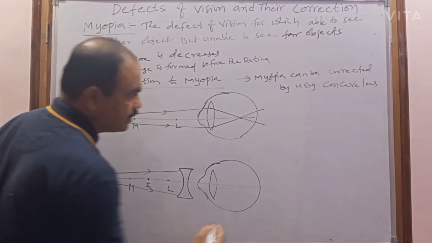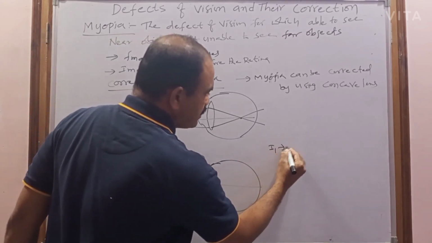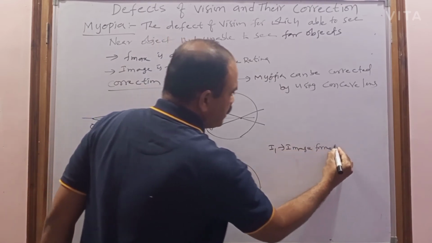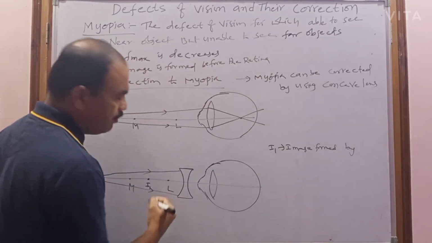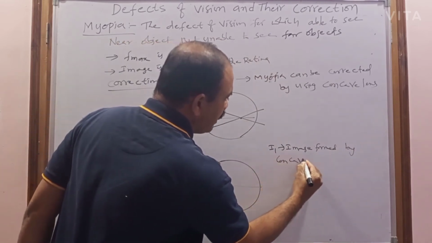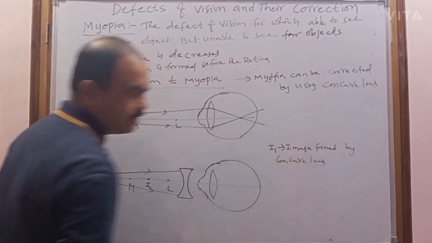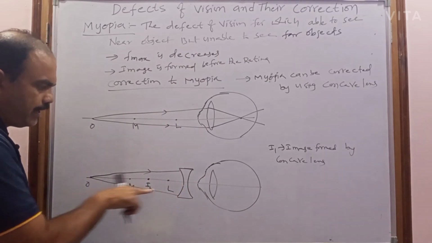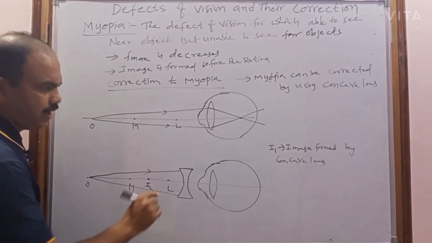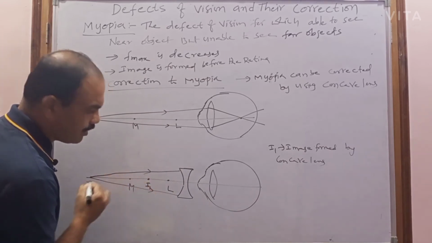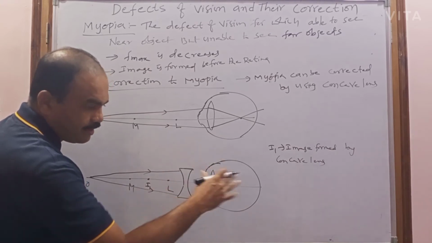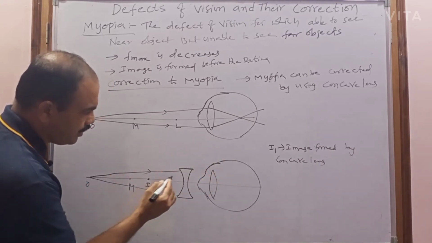So this I1 is nothing but the image formed by the concave lens. For this concave lens, who is the object? The real object is the object for this concave lens. Then where is the image formed? Here, because it is a diverging lens. So when the refracted rays are extended backward, where is the image formed?